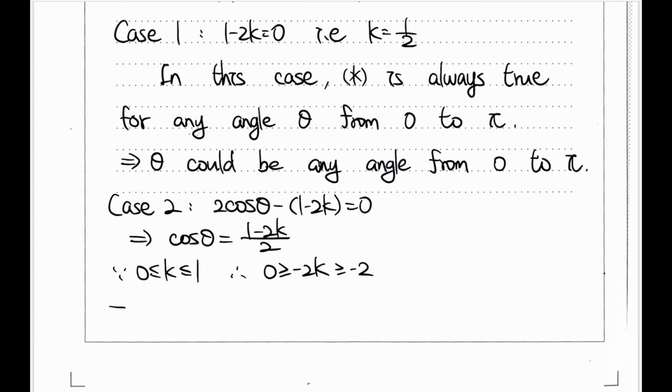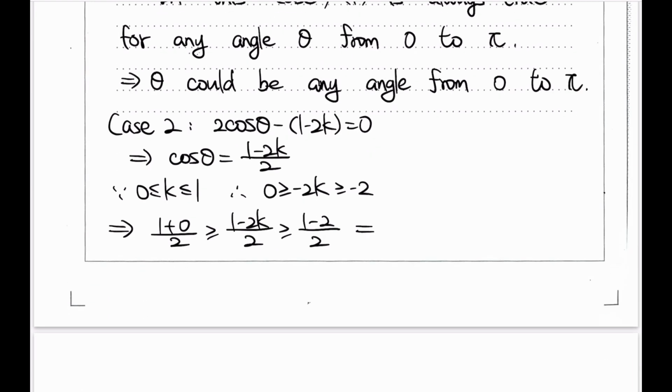So this implies that (1 plus 0) over 2 is greater than or equal to (1 minus 2k) over 2, which is greater than or equal to (1 minus 2) over 2. The term in the middle is equal to cosine theta. So cosine theta is greater than or equal to -1/2 and less than or equal to 1/2.